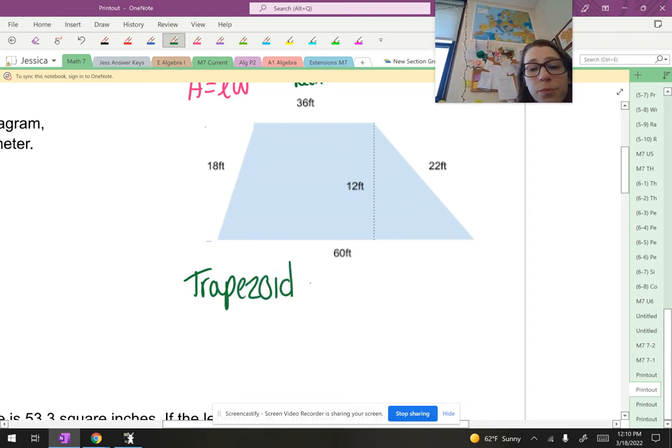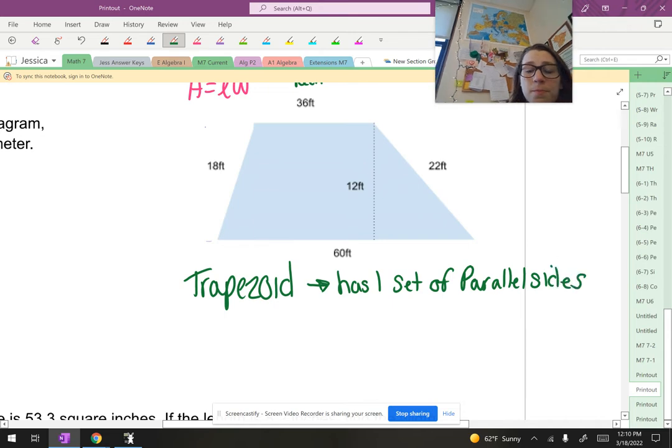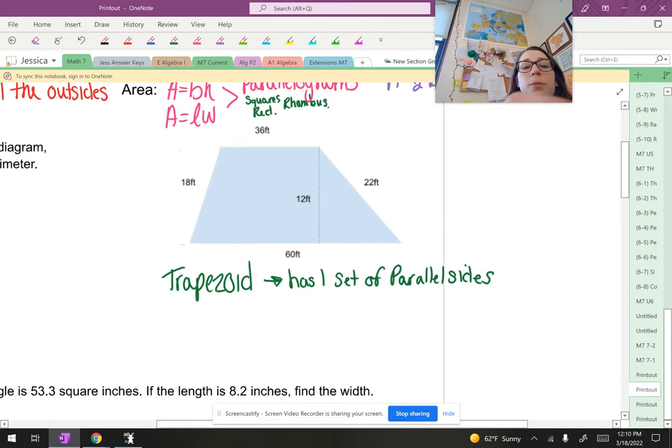Trapezoid. And a trapezoid is unique because it has one set of parallel sides, where we're used to the parallelograms or the rectangles, where they have two sets of parallel sides.